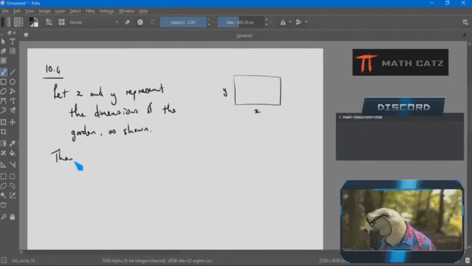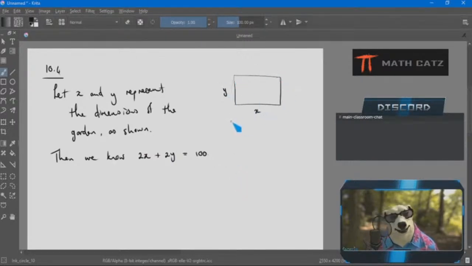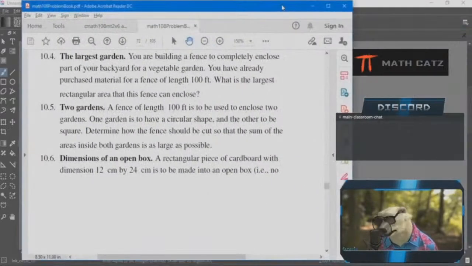So then what I know, write words, make it easy to read, that two sides for every variable, so 2x plus 2y is going to equal 100. Because all the way around the garden is 100 feet of fencing. That is what the question tells me.